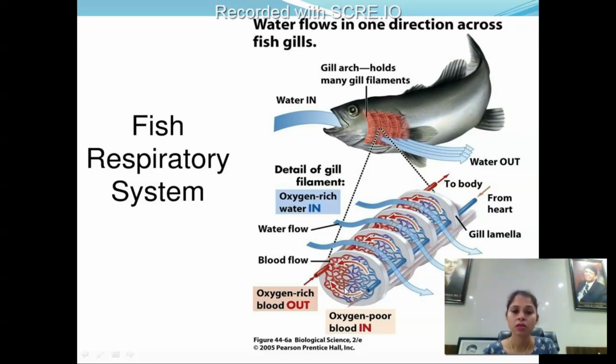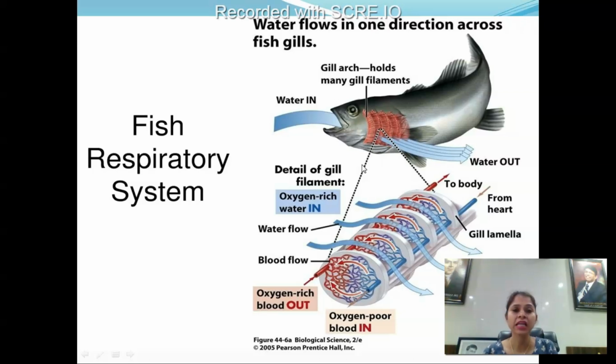Similarly, see how the circulatory system is getting shaped over here. The water which is rich in oxygen flows inside, and water which is poor in oxygen flows out through the gills. So the respiratory system of these creatures is through the gills and the fins.